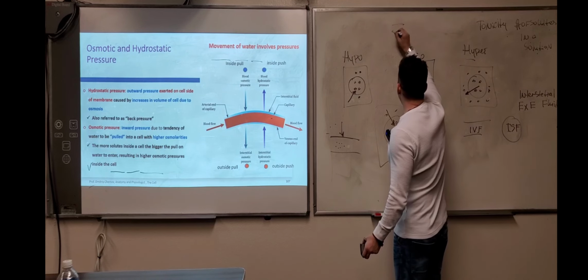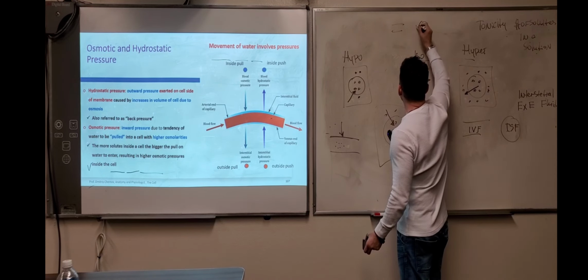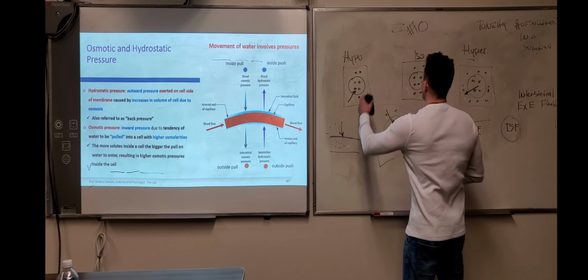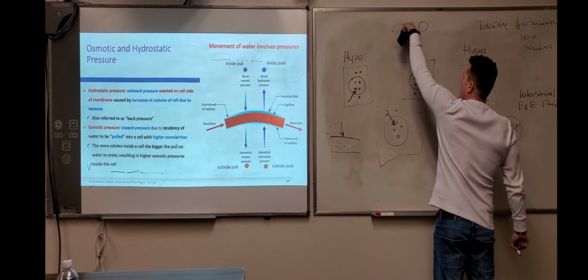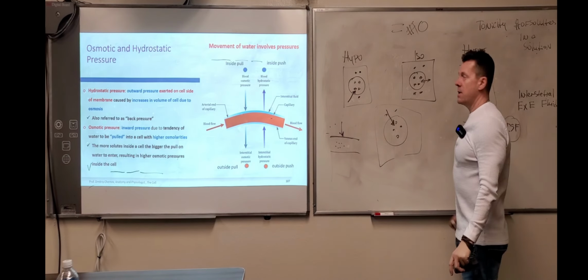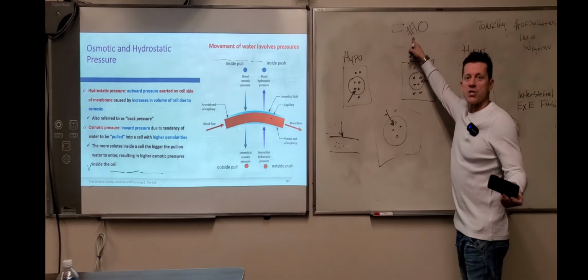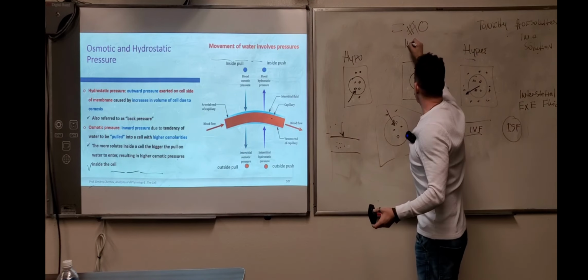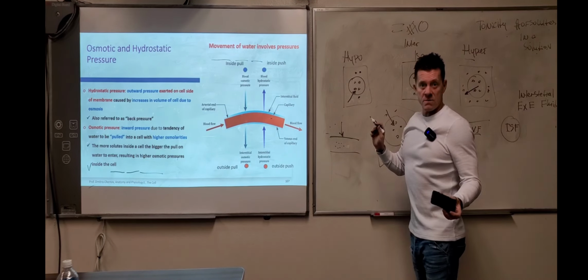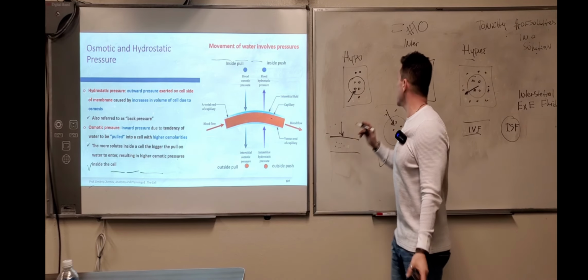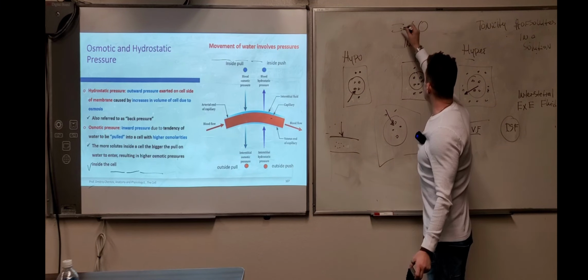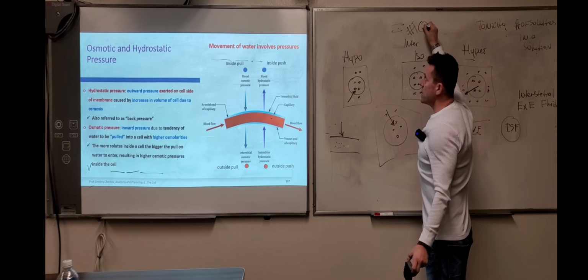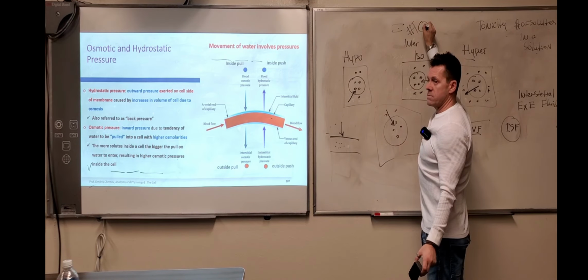You have a blood vessel, you have a cell, and you have a space in between the blood and the cell. That's why it's called interstitial, in between, like interstate: you go from one state to another state. So interstitial space is between blood vessels and the cell.